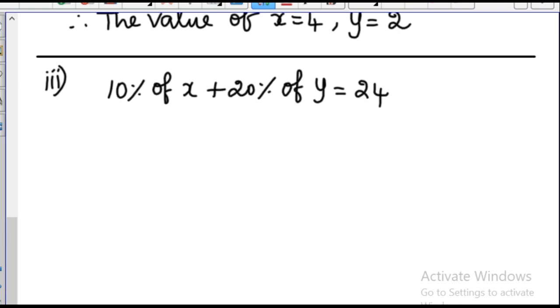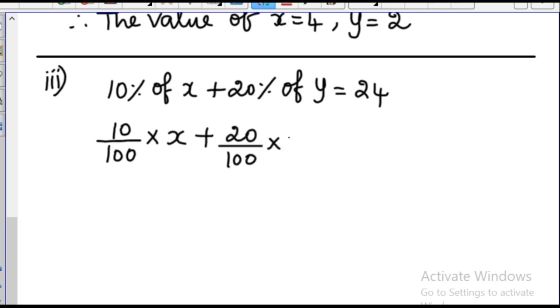Okay, so the question is given in percentage. So first you should convert it into the usual form. Percentage is nothing but out of 100. So what you have to do? 10 by 100. Of means multiplication. The word 'of' denotes multiplication. So into x plus 20 by 100 into y is equal to 24.